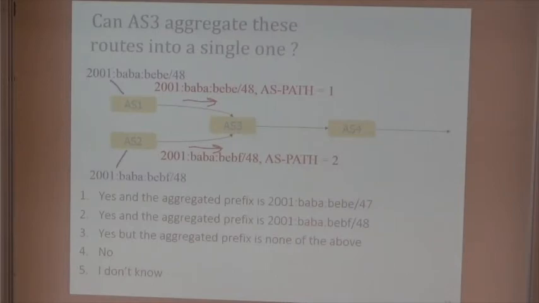F is all ones, and E is the same, all ones except the last bit, which is 0. Now, AS3 receives those two advertisements, and the question is, when AS3 speaks to AS4, can it aggregate those two routes into a single one? Is it mathematically possible?